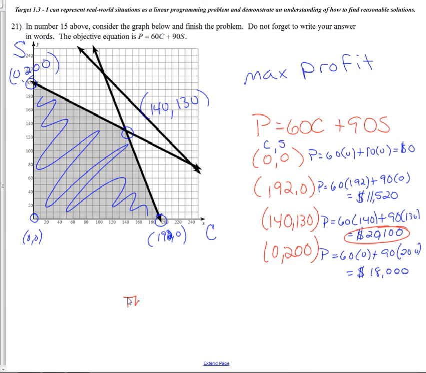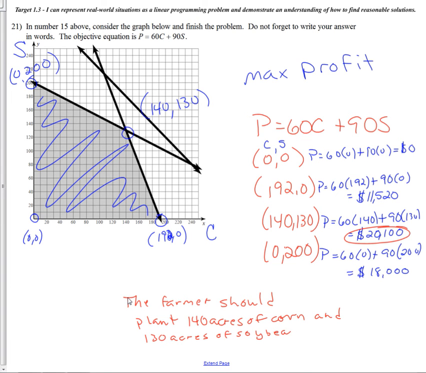So we should write the farmer should plant 140 acres of corn and 130 acres of soybeans to maximize his profit of $20,100.